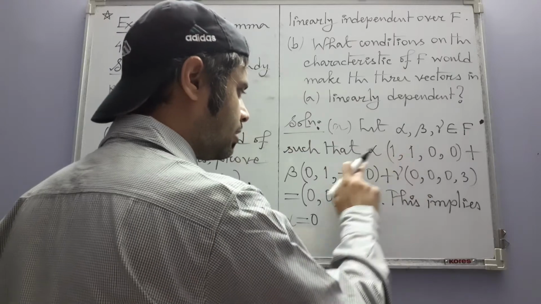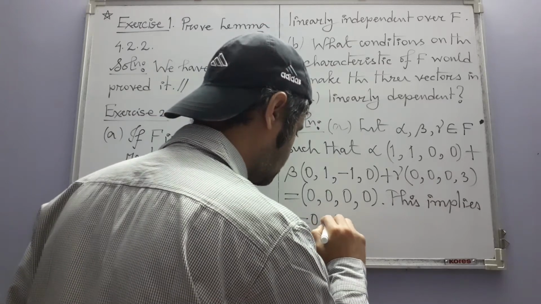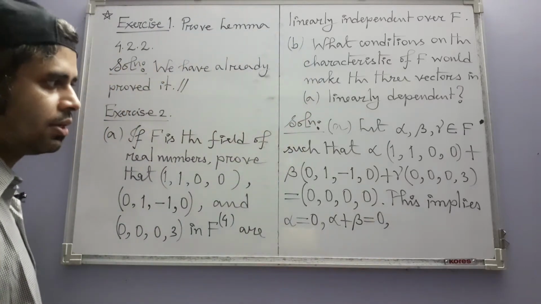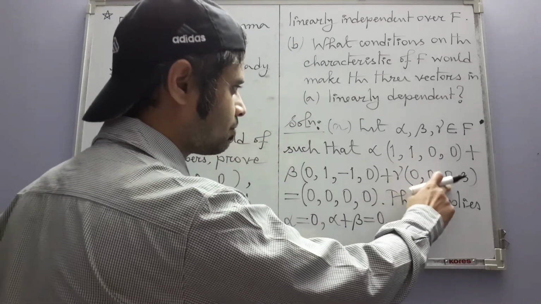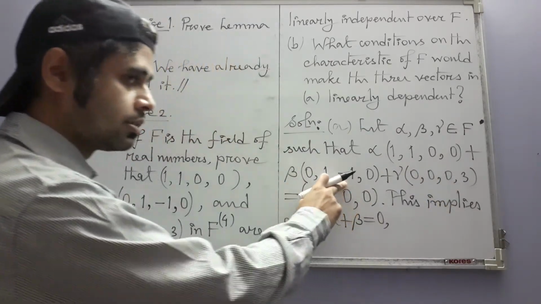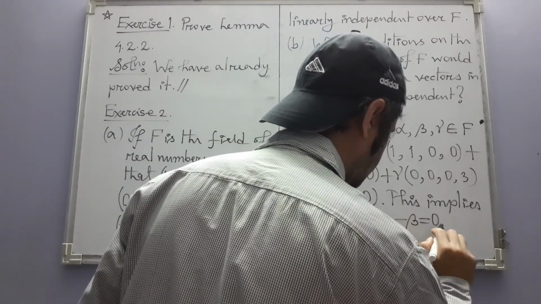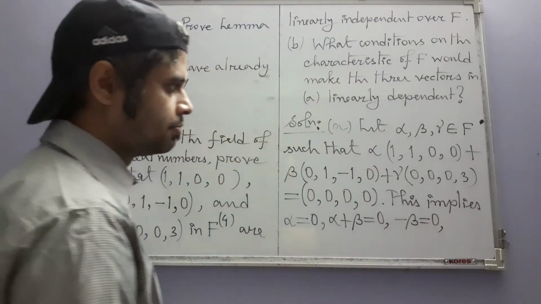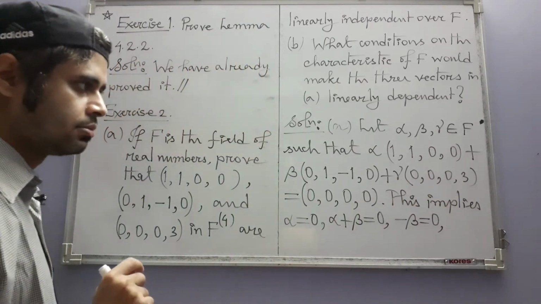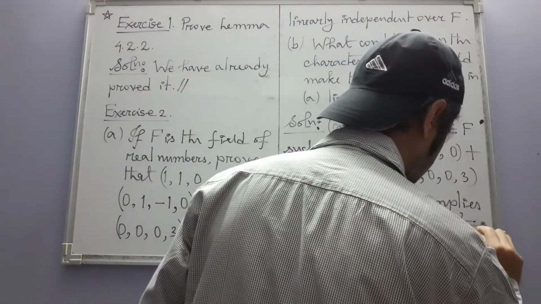We will have alpha here and beta here. Here the second component is 0. So alpha plus beta is 0. Then we look at the third component. The third components of the first and third vector are 0. Only in the second vector we have the third component non-zero, which is -1. So from this one we get minus beta equal to 0. And finally the fourth component of only the third vector is non-zero. It is 3. So we get 3 gamma equal to 0.